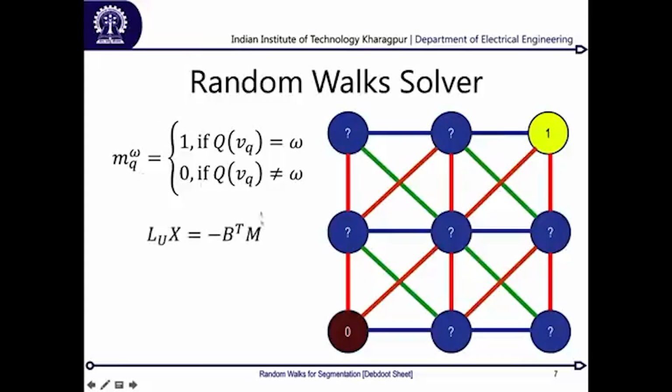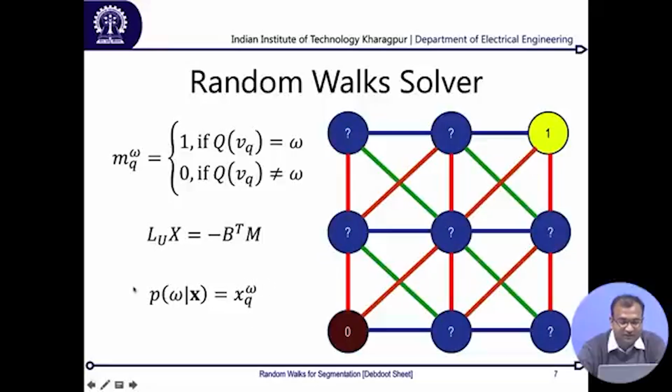Now, from there we have an inversion equation which we can solve. So, say X is what we want to solve. L_U times X is basically equal to minus B transpose times M. This is the relation which you get by solving the earlier total system of equations, and from there what we end up getting is that each value of X, which is X at a particular node Q for a particular class label omega, is the probability of obtaining a class omega given a particular labeled value.